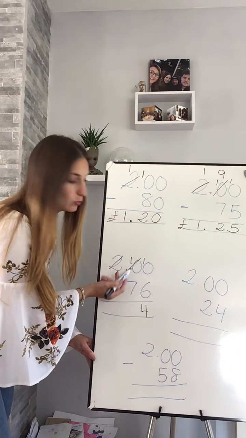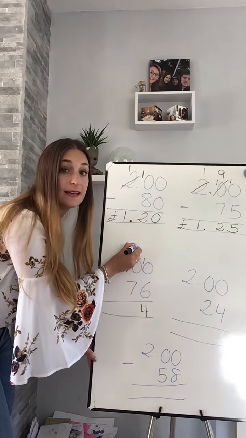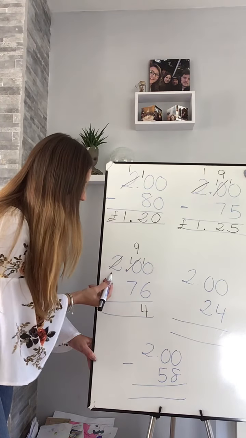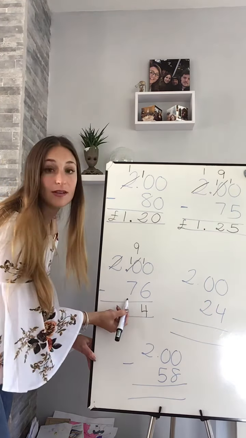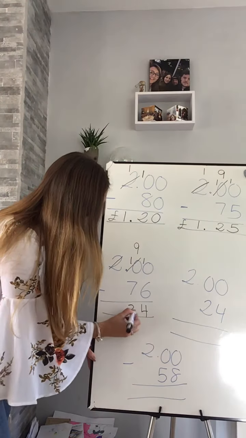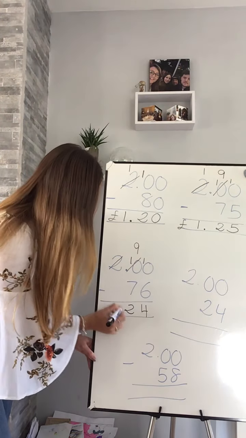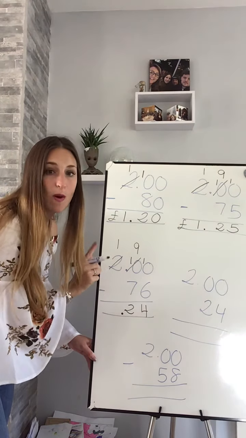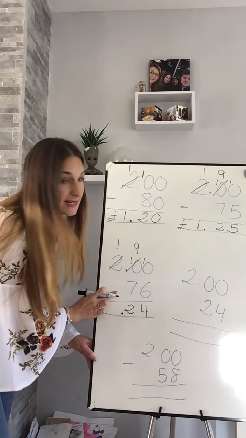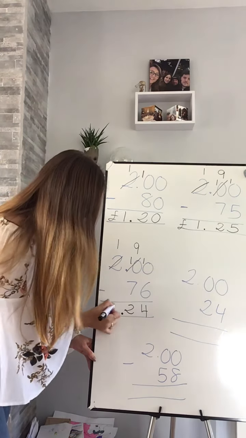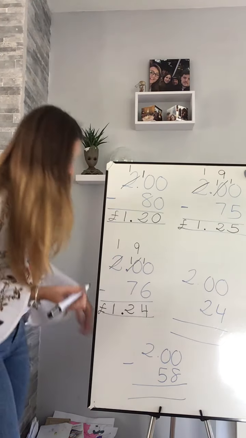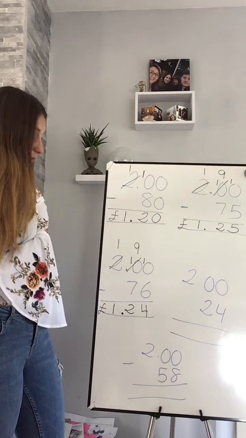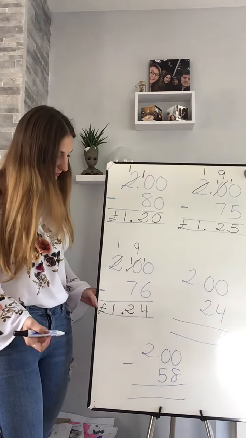Now, because I borrowed 1, my 10 turns into a 9. 9 take away 7 is 2. And because I borrowed 1, now my pounds turn into £1. 1 take away nothing is 1. So the answer is £1.24. Okay?